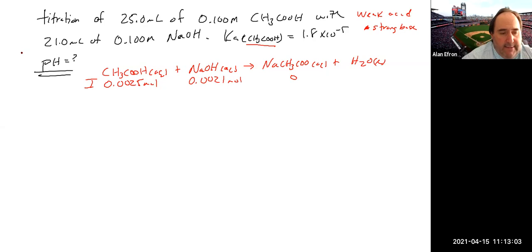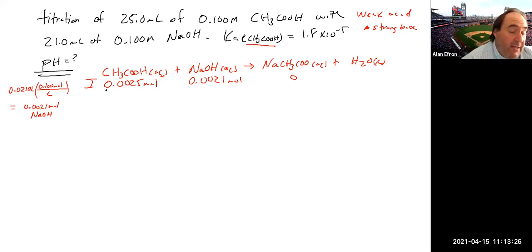And again, that calculation is 0.021 liters times the molarity, which is moles per liter, going to get us 0.0021 moles of sodium hydroxide. Again, the same calculation was done for acetic acid.